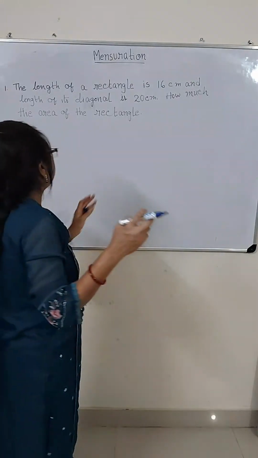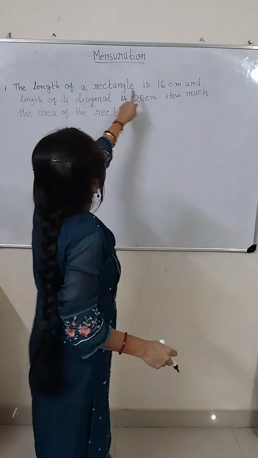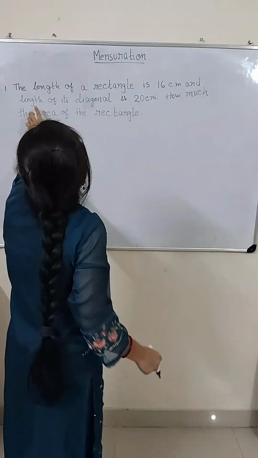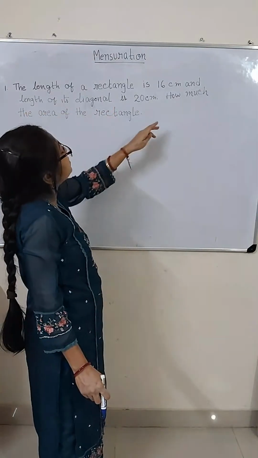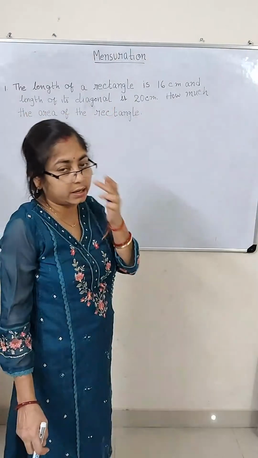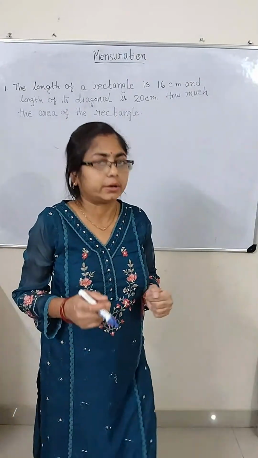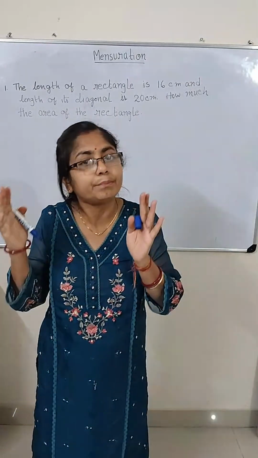First, I read the question. The length of a rectangle is 16 centimeter and the length of the diagonal is 20 centimeter. What is the area of the rectangle? To find the area, we need the breadth. So first I draw the picture.